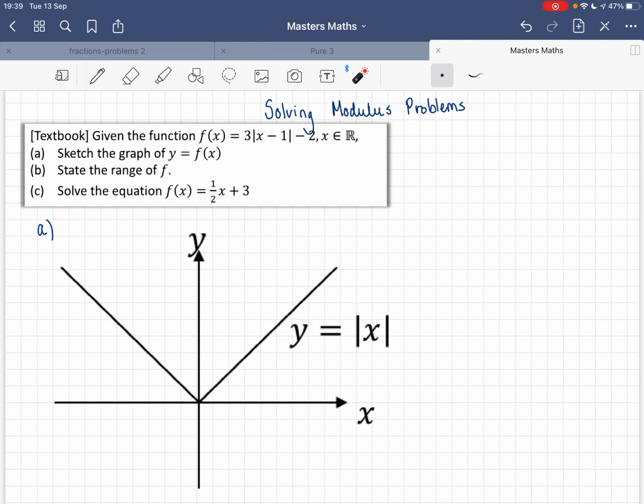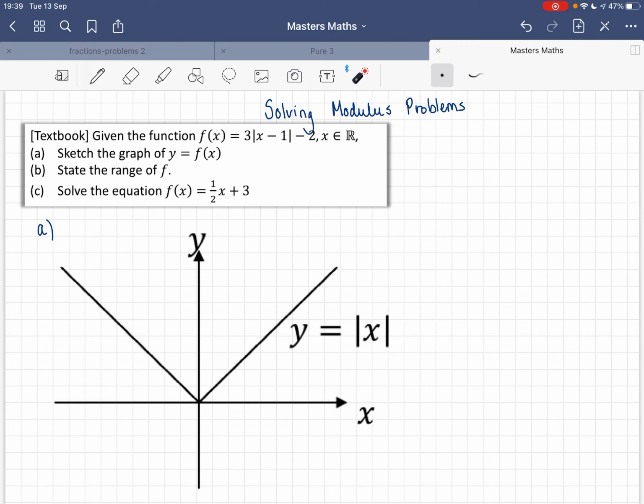From there, we can start to do the transformations that we have within the function we've got. So we've got a translation in the x direction, we've got a stretch in the y, and we also have a translation in the y. I would do that step by step to make sure you get to the final answer.